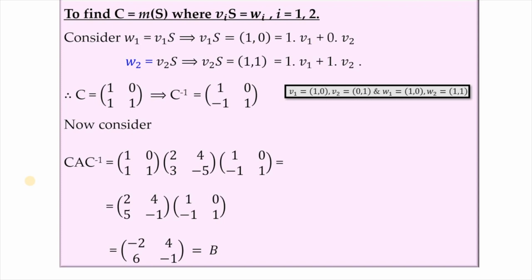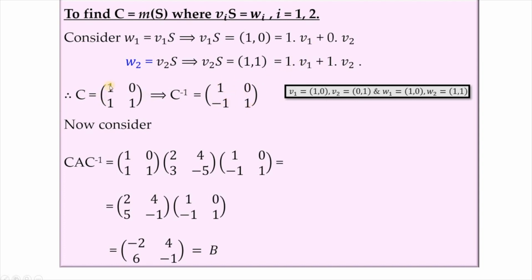So we consider W1 which is V1 S and W2 which is V2 S. W1 is as such 1, 0, which we can write as 1 into V1 plus 0 into V2, and W2 is nothing but the image of V2 under S, and W2 is actually 1, 1. So the corresponding matrix will have the first row entries as 1, 0 and second row entries as minus 1, 0.